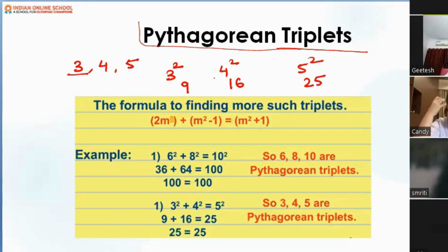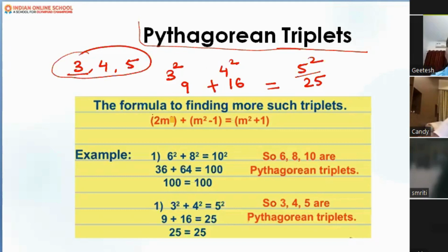If I add the squares of the two smaller numbers, that should equal the square of the biggest number. That makes a Pythagorean triplet. For making a Pythagorean triplet, we have one formula and we have three members of that. That is going to be 2m.